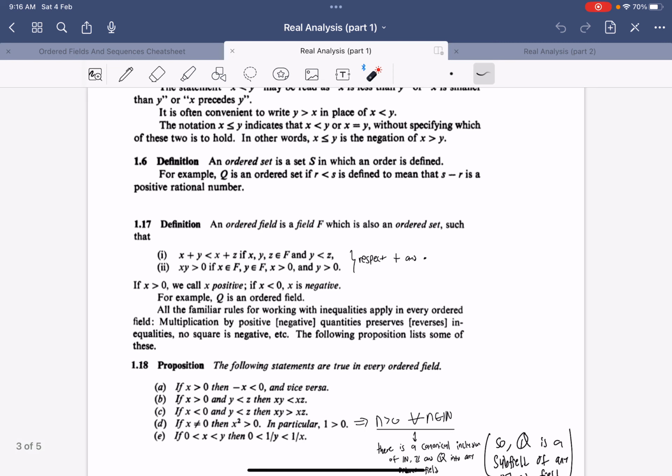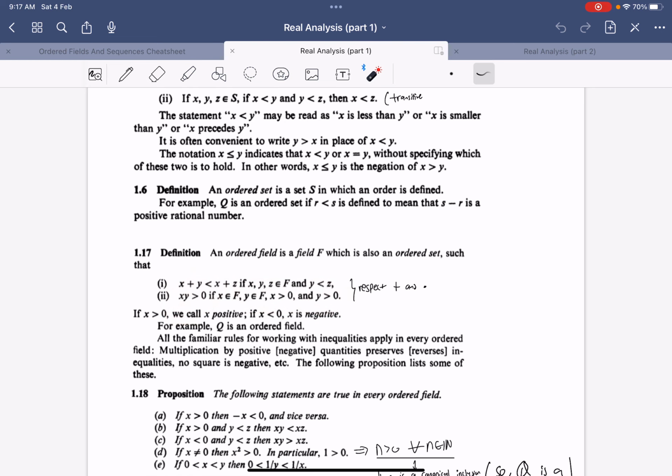And if both are positive, so x is larger than 0 and y is positive, then x times y will still be positive. This shows that Q is an ordered field because we know this holds true in the rational numbers. It also shows that the real numbers that we think of form an ordered field. And the familiar rules that we play with will stay the same.